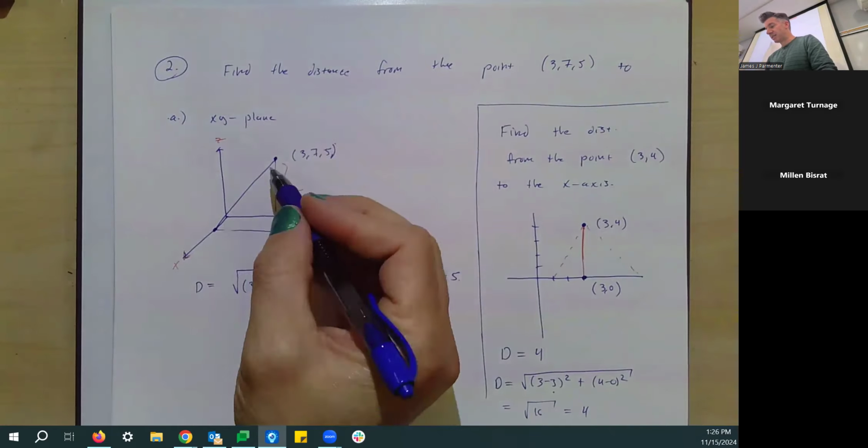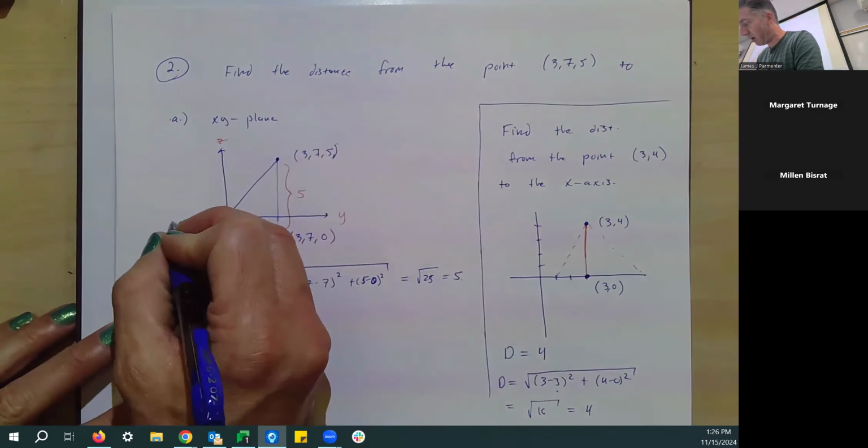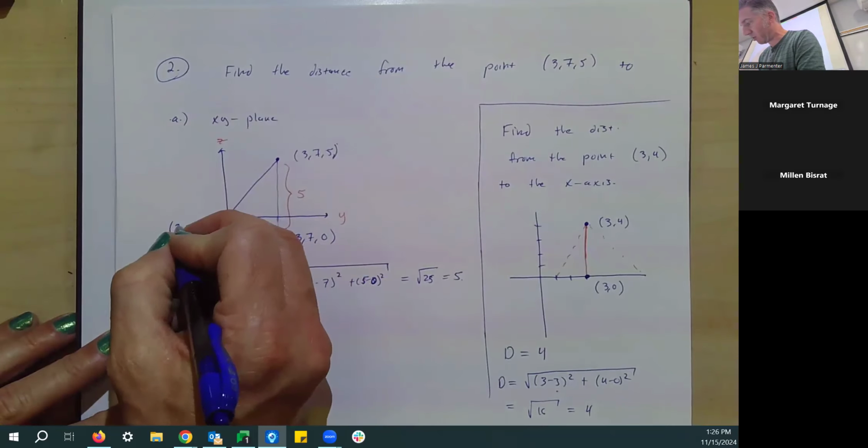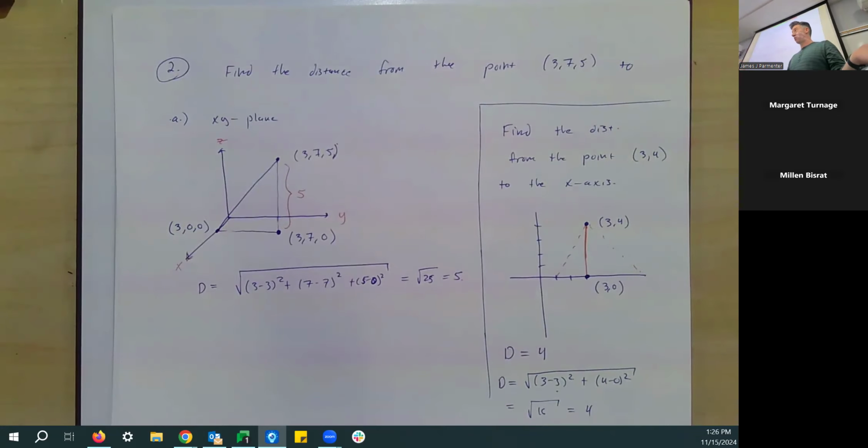If we go over to the x-axis, the z coordinate and the y coordinate both have to be 0. That's the definition of being on the x-axis. And so on this axis, the only coordinate that isn't 0 is the x coordinate, and it remains the same, right? We didn't move away from that x coordinate of 3.